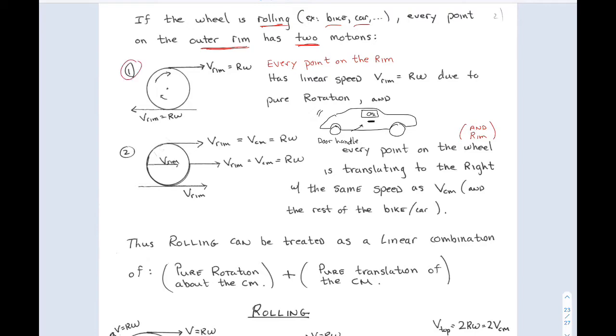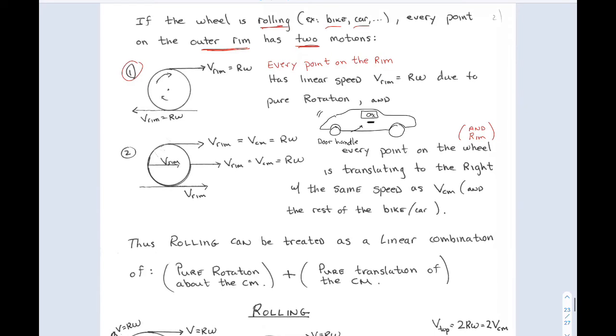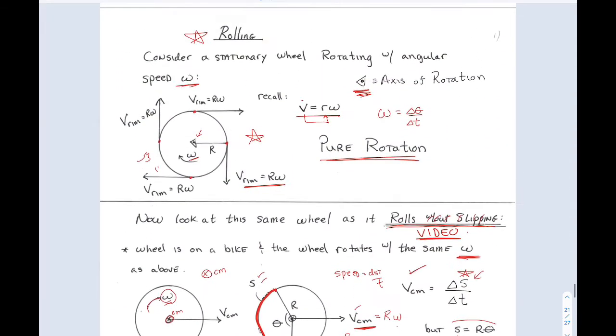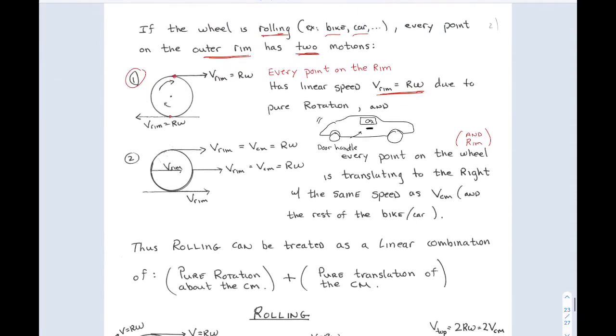So here are the two motions. Here I show the wheel rotating. Every point on the rim has linear speed r omega due to pure rotation. That was this picture. Every point on the rim has linear speed r omega because it's rotating.